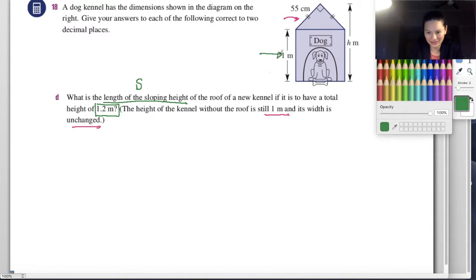That means this one is the same, and its width is unchanged. The width, you remember the width that we found the first time, is approximately 77.78. Okay, let me draw you another picture here.